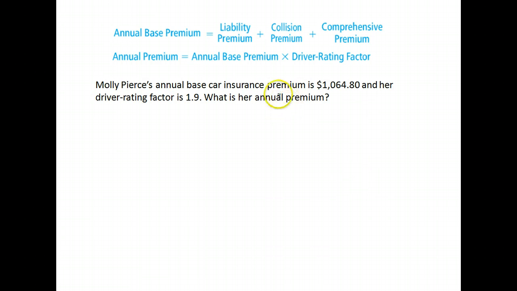Here's Molly Pierce. Her annual base car insurance premium is $1,064.80, and her driver rating factor is 1.9. What's her annual premium? They calculated everything for us for the base. They found the base premium. We're asking for the annual, what's she actually going to pay?